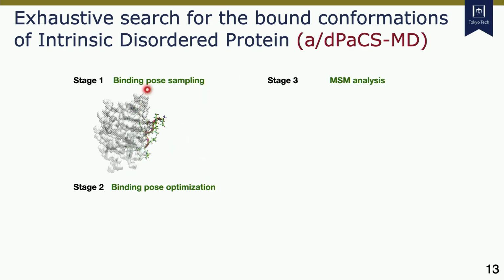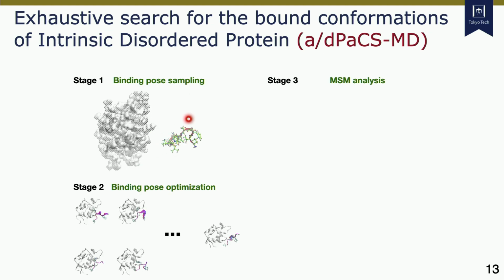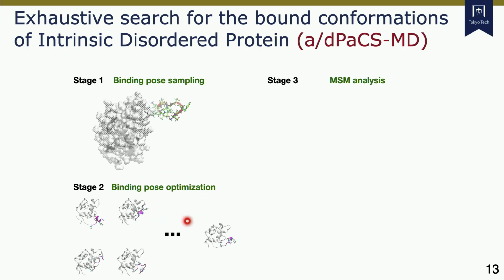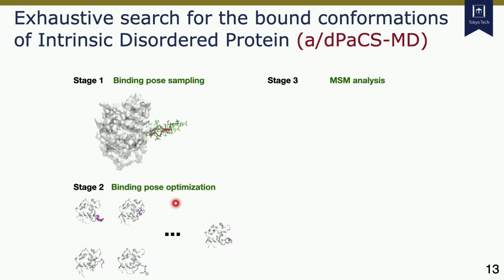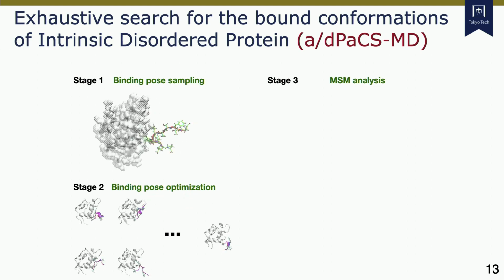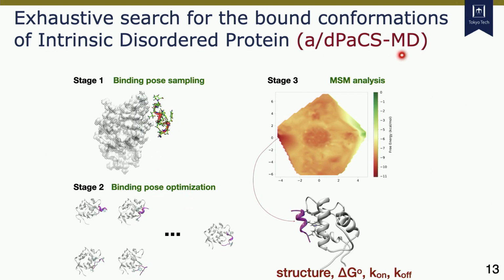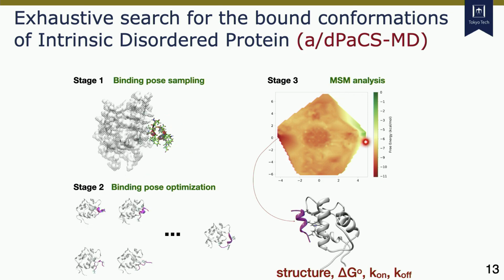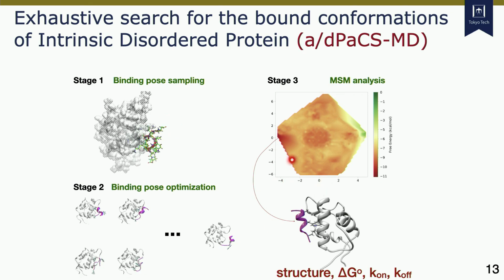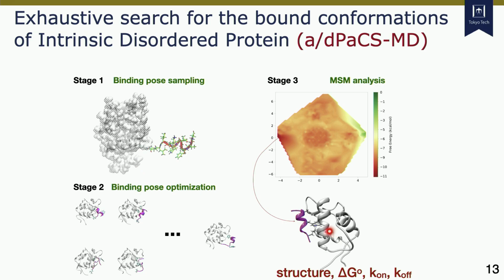Like here, we sample both, and then we optimize both by just doing classical molecular dynamics simulation, and then we construct the free energy landscape again by Markov state modeling. And eventually, the structure we found actually matches the experiment really well.